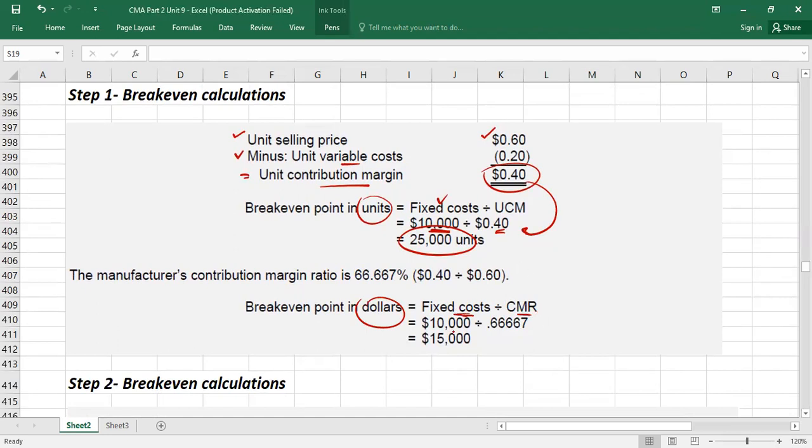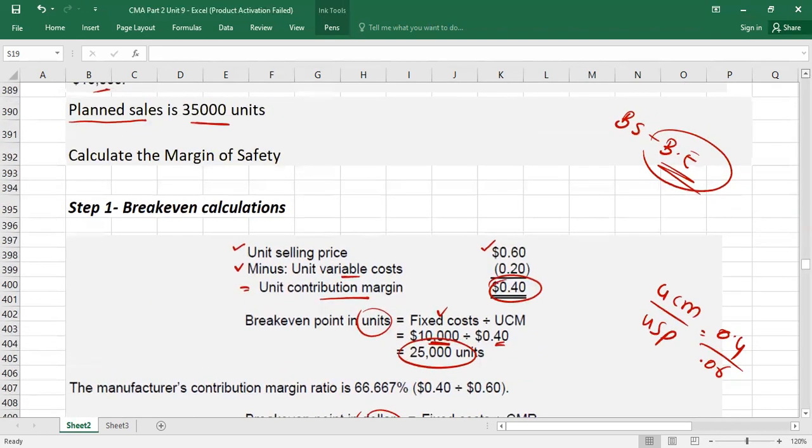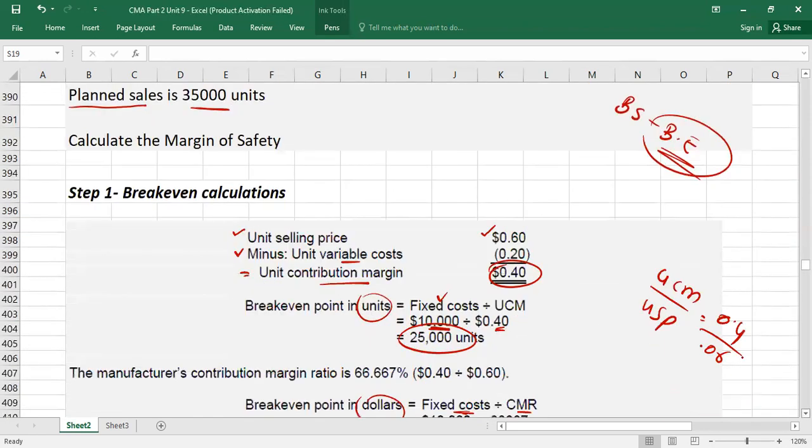Fixed cost is 10,000. For the contribution margin ratio, I take unit contribution margin divided by unit selling price. Unit contribution margin is 0.4, which we calculated here. Unit selling price is 0.6, given in the question. Not 0.06, it is 0.6.